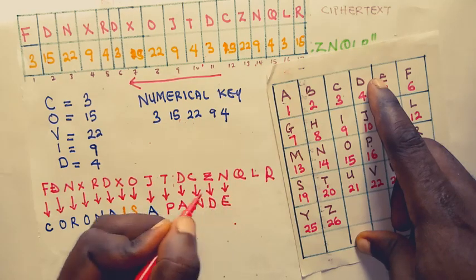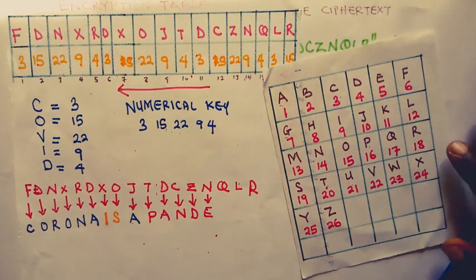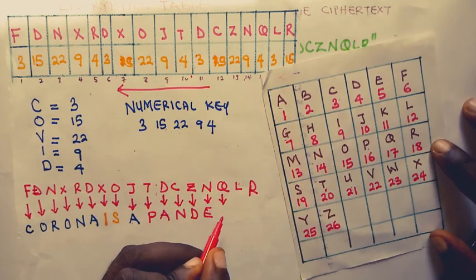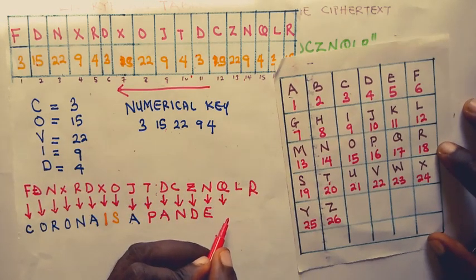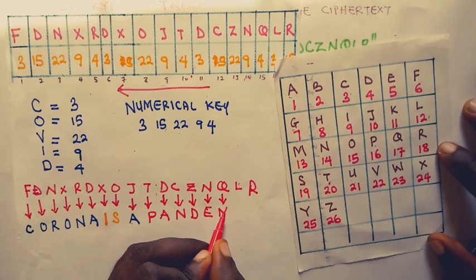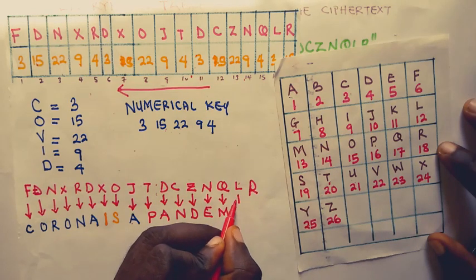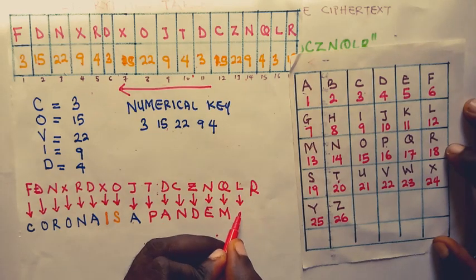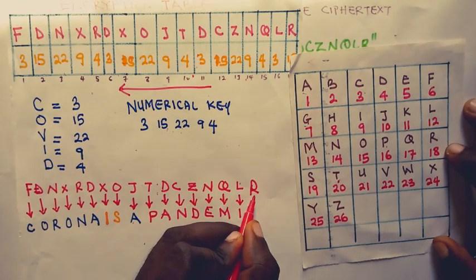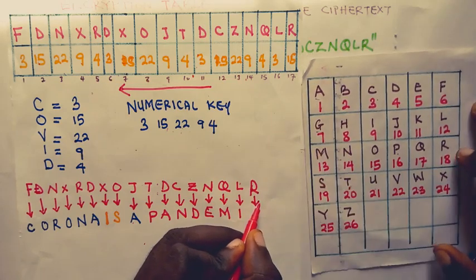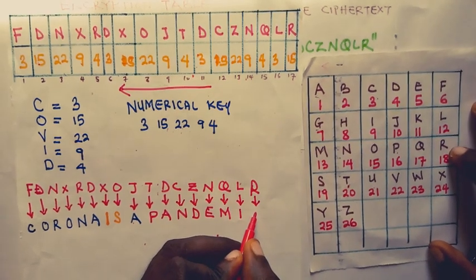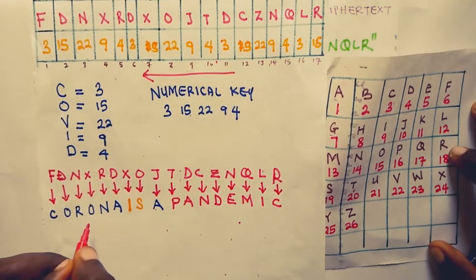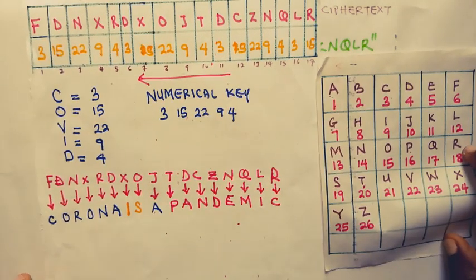And I think we already know what we are trying to achieve. Q. If I shift Q backwards 4 times, I'm going to obtain letter M. If I shift L backwards 3 times, I'm going to achieve letter I. And if I shift R backwards 15 times, I'm going to achieve the letter C. So we have the word corona is a pandemic.